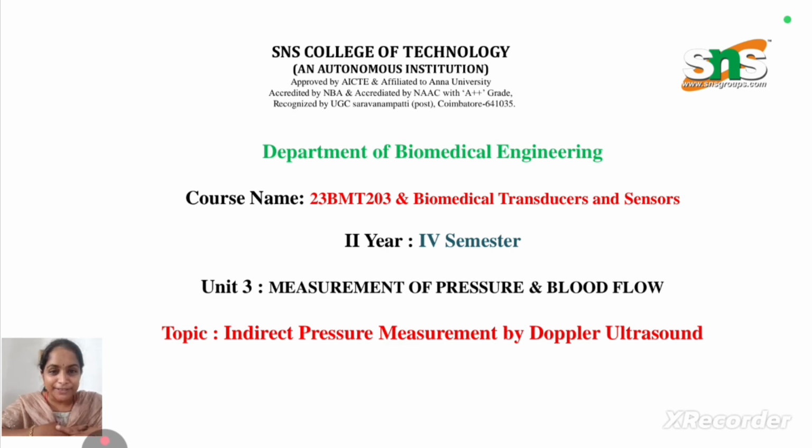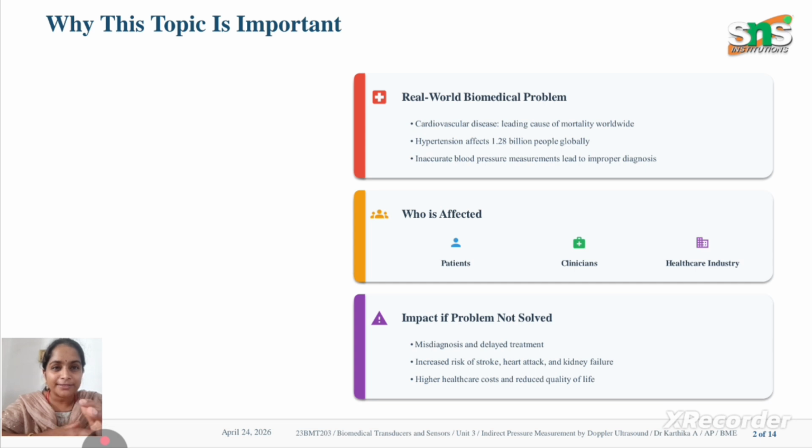In this April 2026 lecture series, we are going to discuss indirect pressure measurement by Doppler ultrasound in measurement of pressure and blood flow. See why this topic is important. Here, our real world biomedical problem is cardiovascular disease and hypertension. Inaccurate blood pressure measurements lead to improper diagnosis.